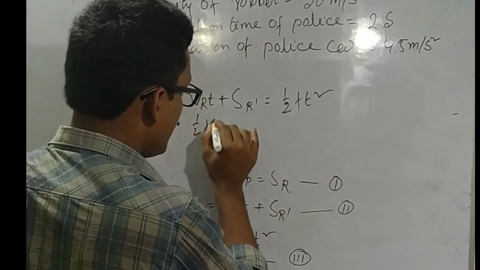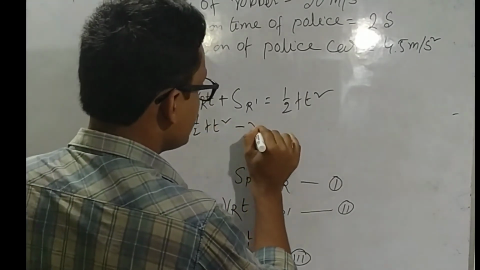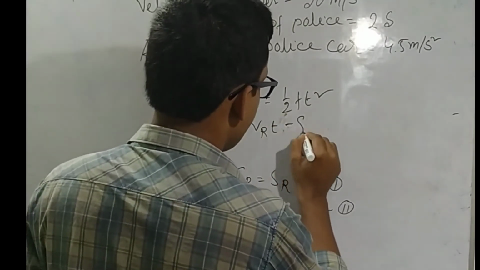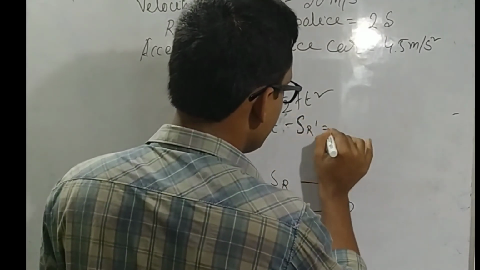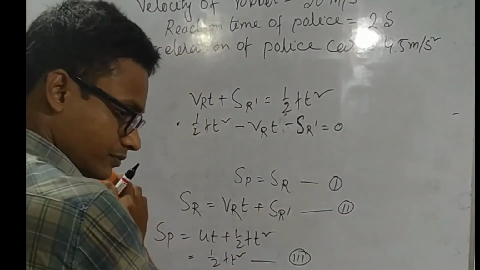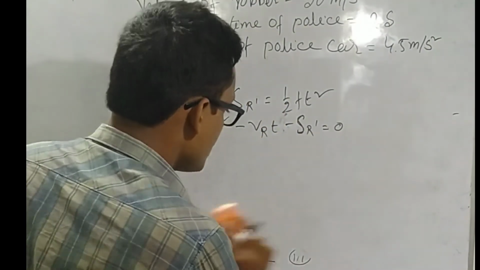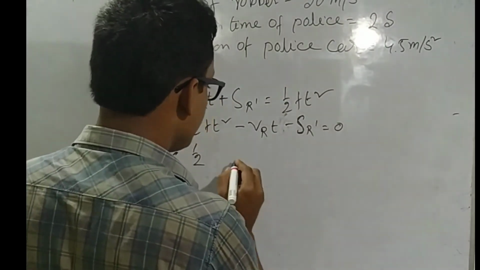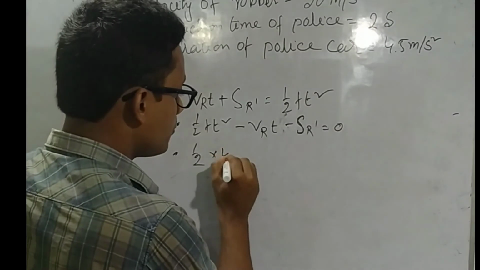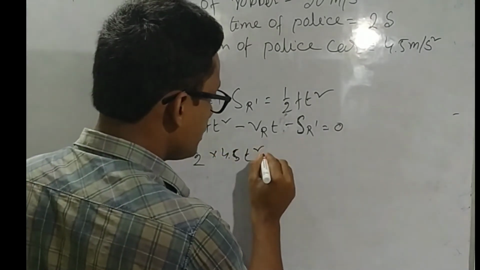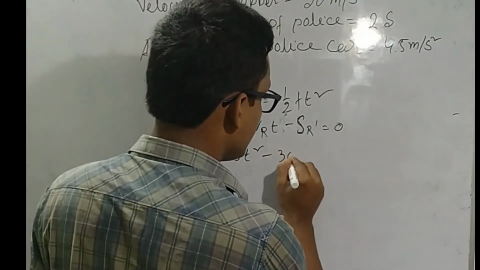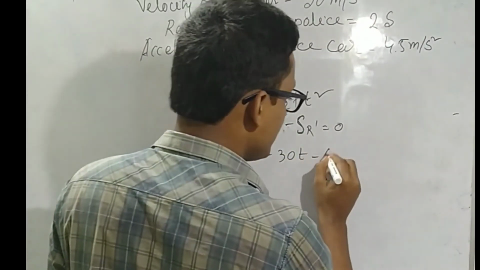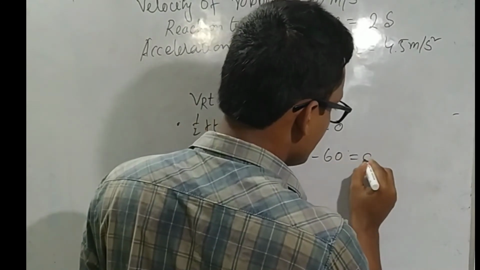So half of f t squared minus VR t minus SR prime is equal to 0. Now we use the values of f, VR and SR prime. So half into 4.5 into t squared minus 30 t minus 60 is equal to 0.